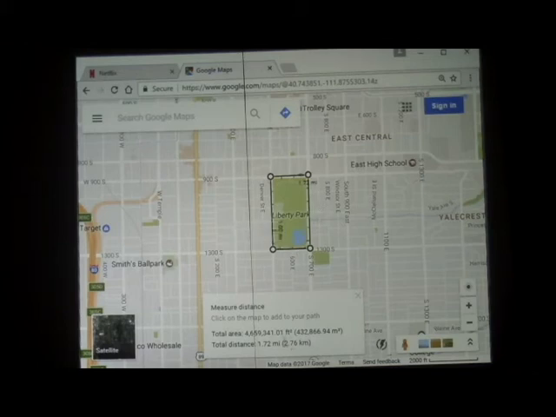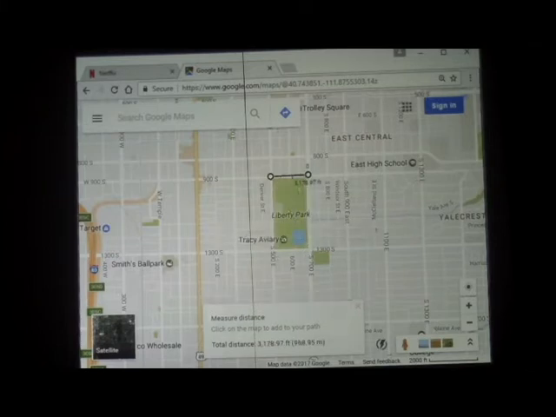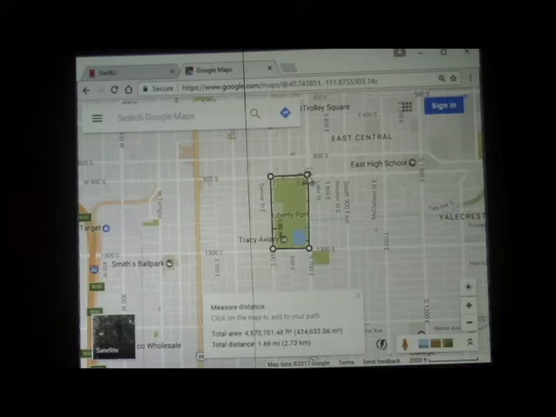So, with these line segments, the way to find area is you multiply the top line segment up here, which is about 1,600 feet, times this one down here, which is about 3,000 feet, and this does it nicely for us. And you're going to get about 4,570 feet squared.